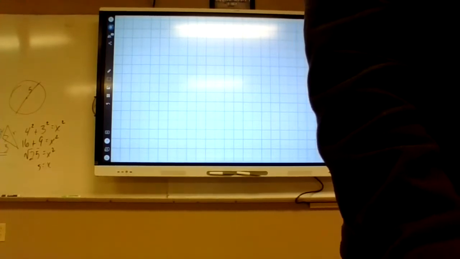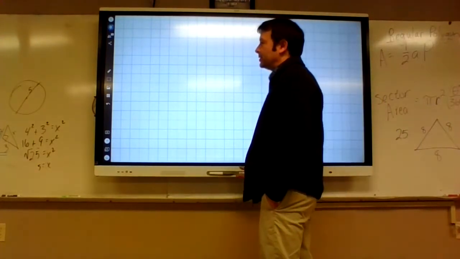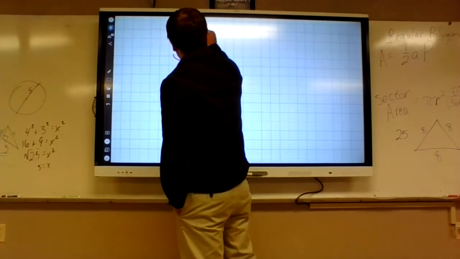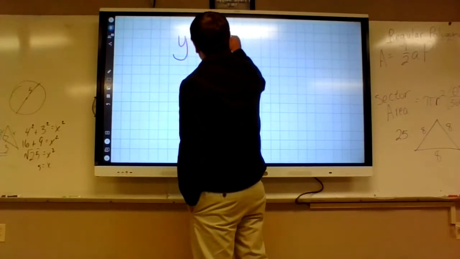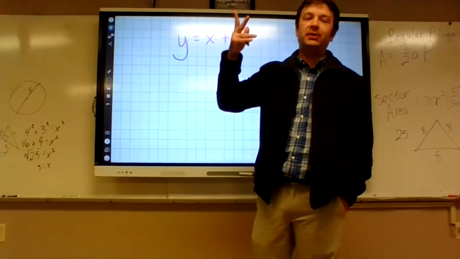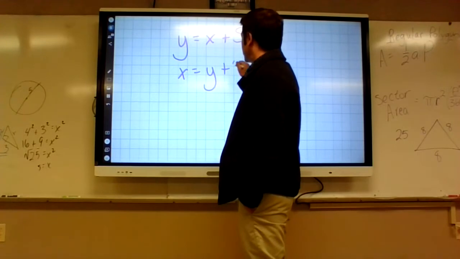Okay. So inverse functions, we talked about this a long time ago, but also in algebra 2. An inverse function is basically where you switch the x and the y values. So the inverse of this function is this.